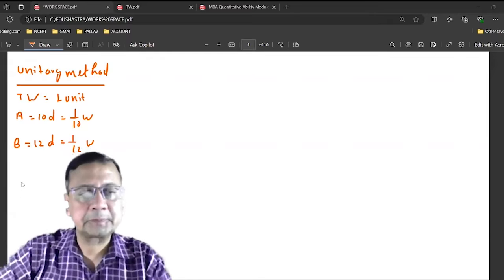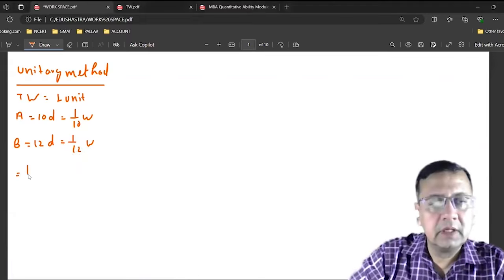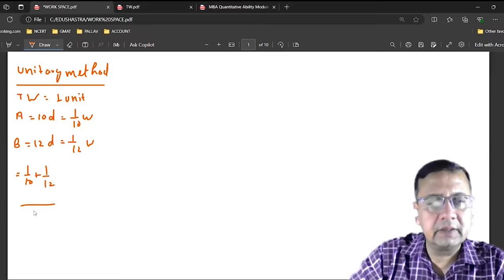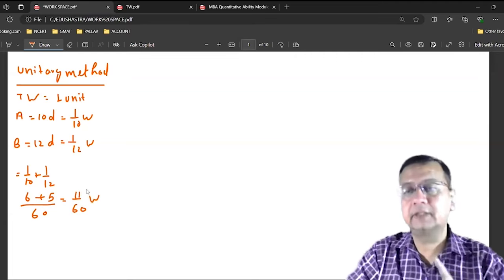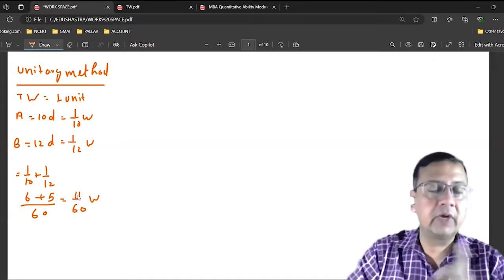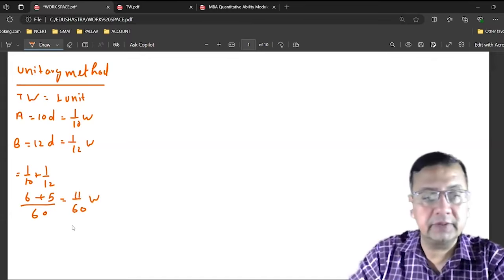So calculation. This is 1 by 10 for A, 1 by 12 for B. Addition, right? Taking the LCM, which is 60, this is 6, this is 5, and this is 11 by 60. This is the work done in 1 day when A and B are working together.